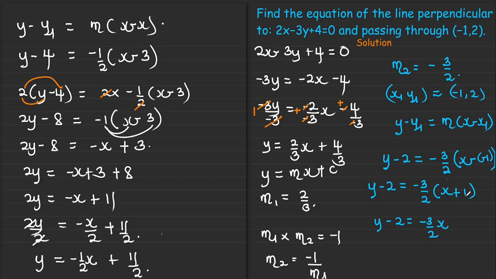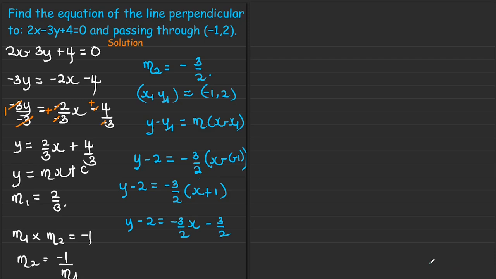The negative 3 over 2 times 1 would also give us negative 3 over 2. We need to simplify further. So we have y minus 2 equal to negative 3 over 2x minus 3 over 2.